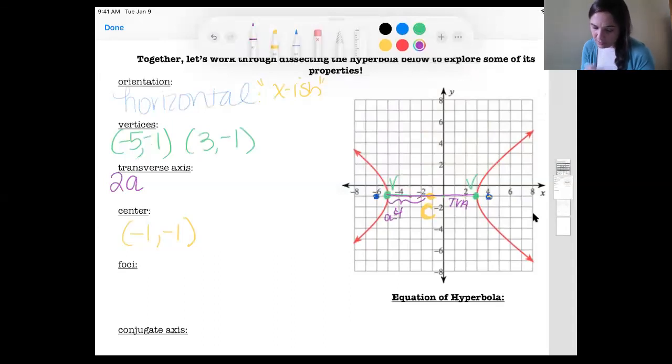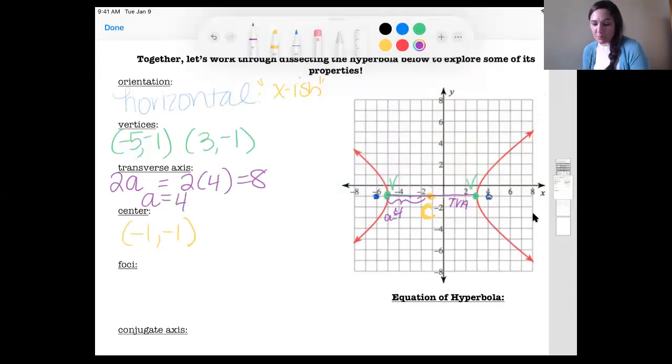So my transverse axis is 2a. So if I wanted the length of the transverse axis, I could say 2 times 4. So that length is 8. My transverse axis, though, is actually just a line segment there. Okay, so from there we know a equals 4.